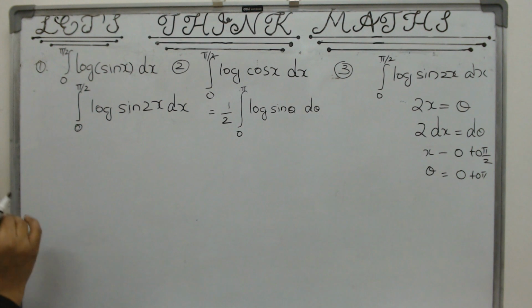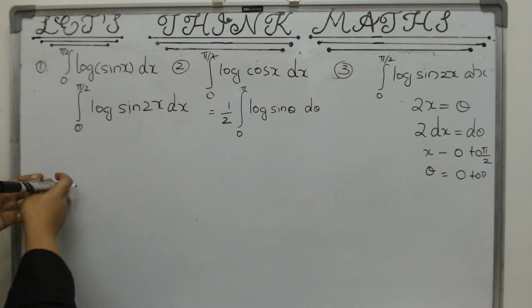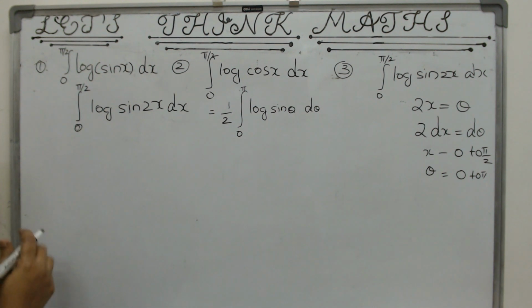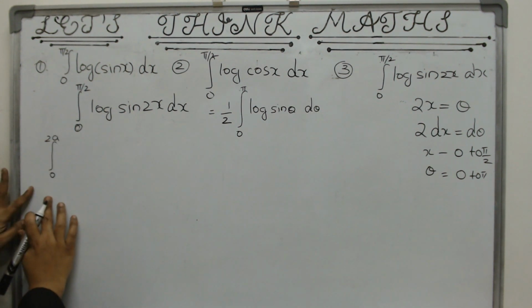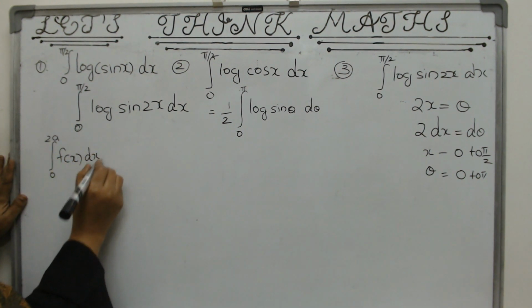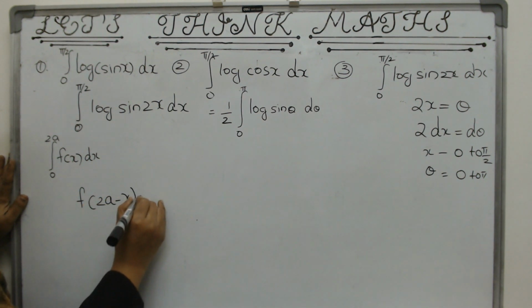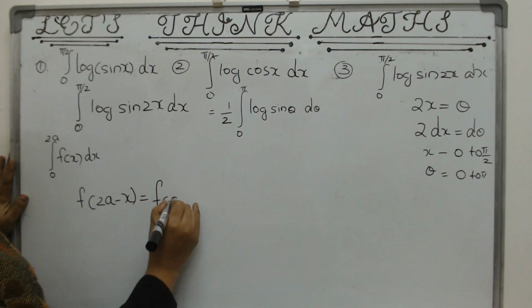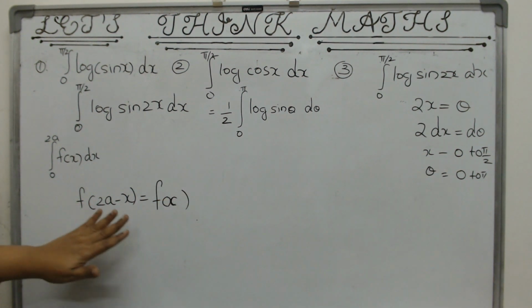This brings us to the last one. We are trying to get the first property. Now we are going to apply the last property that you learned. What was it? If a function is being integrated from 0 to 2a, then check whether you can substitute 2a minus x instead of x.